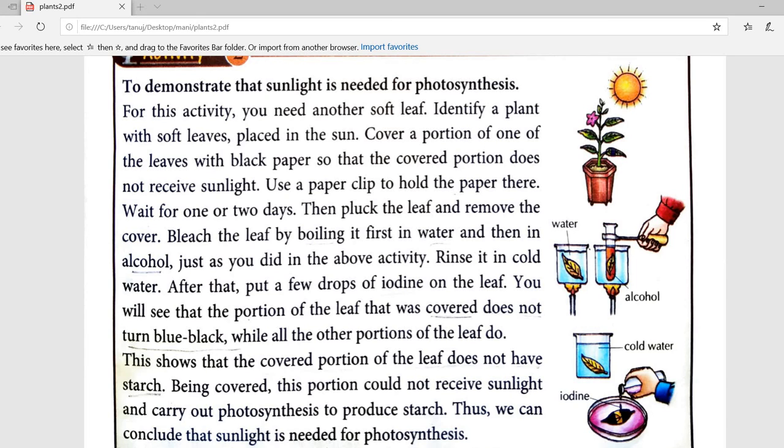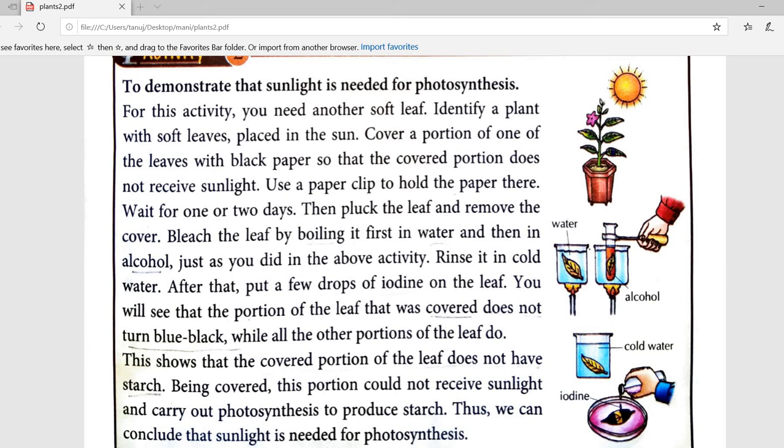So beta, what we learn about plants is that they are also made up of cells, and the cells use the food prepared by the leaf and get energy. Plants also need energy. As we eat food and get energy to work, plants and animals, every living thing, need energy to work.